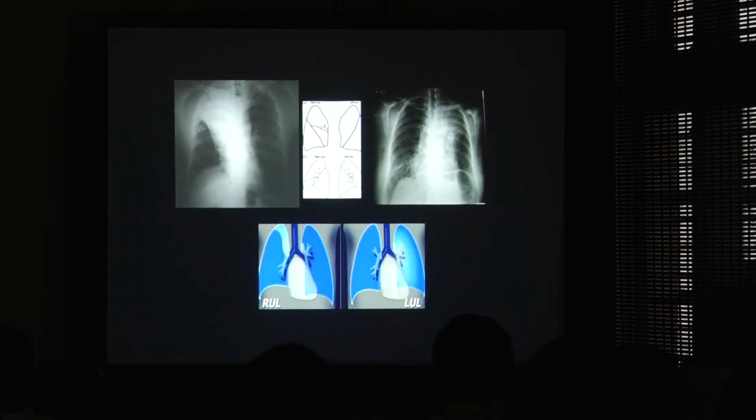Now, going back here. This is the typical appearance of left upper lobe collapse. So, it's a very tricky X-ray. You do not get a straight line here which you see in right upper lobe collapse. It's very easy to diagnose right upper lobe. Here we do not have the oblique fissure. So, the only abnormality you may see is just a vein-like opacity and the diaphragm may be elevated.